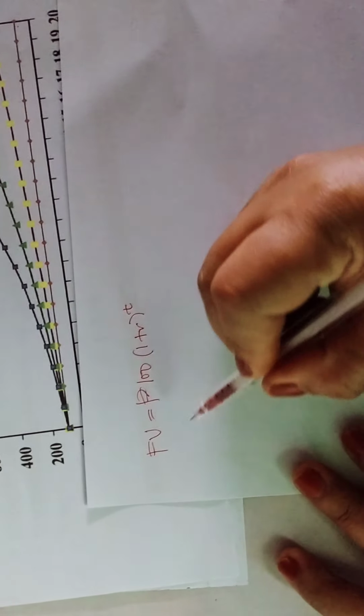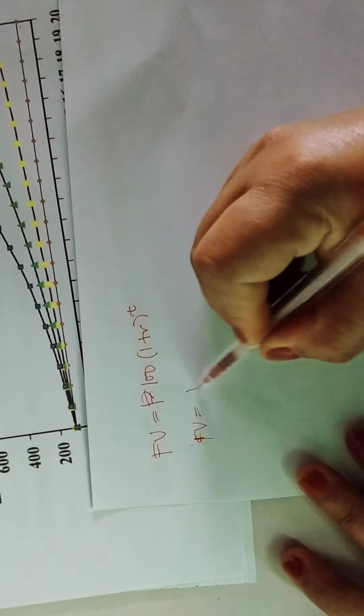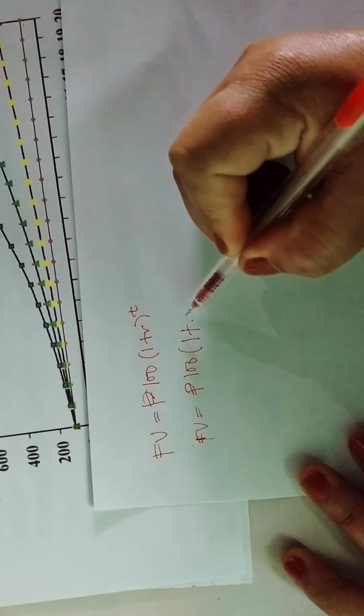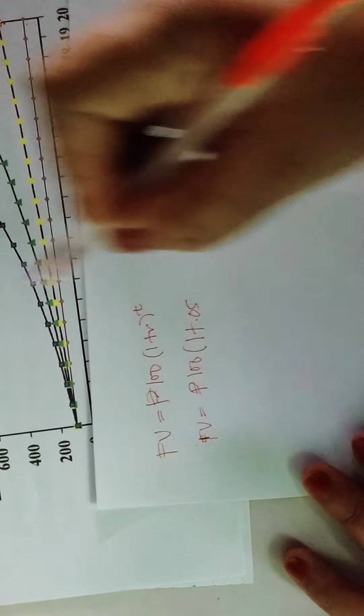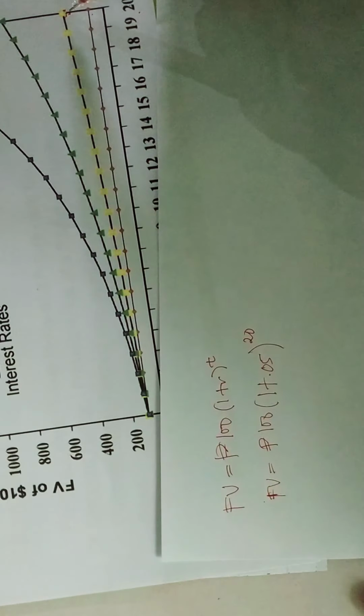Okay, so let's proceed. So, future value is equal to 100 times 1 plus 0.05, which is 5%, to the power of 20. Because we want to know what the value of the money is.